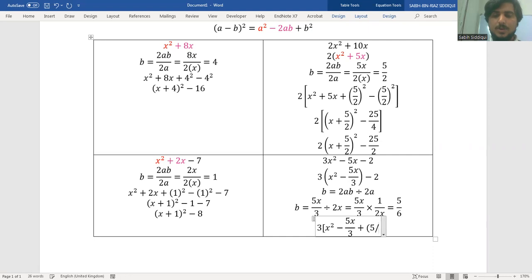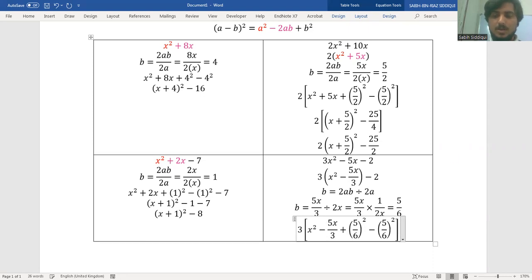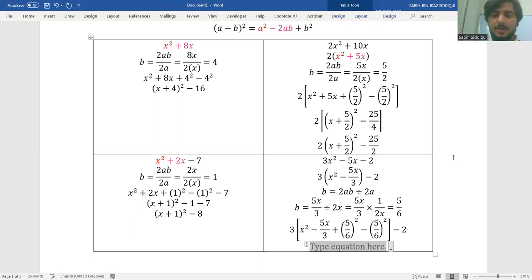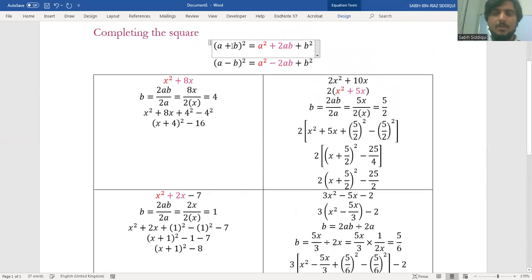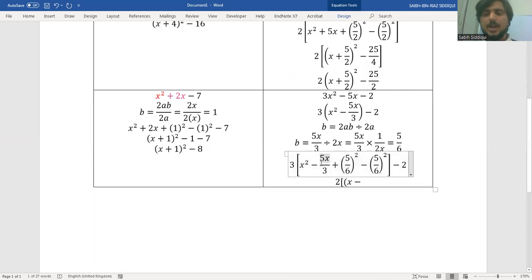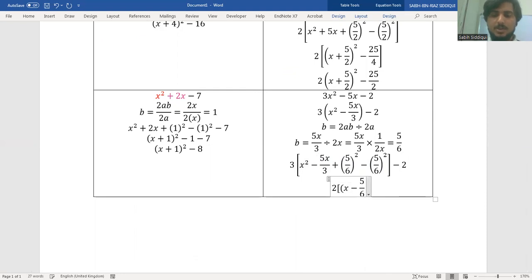Now I add the square of b and I subtract the square of b. And then I have minus 2 as my spectator. So now I get a perfect square. The sign of 2ab is always decided by what is between a and b. So we are going to use the sign of 2ab to decide how we put it in the complete square form. A minus b is 5 upon 6.